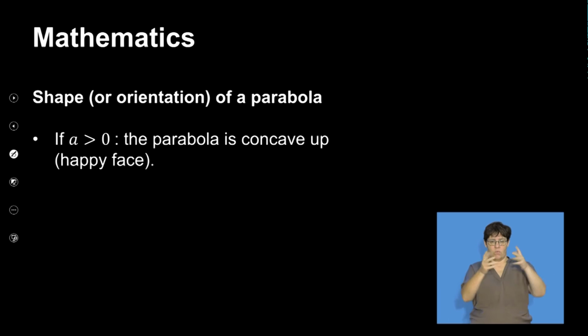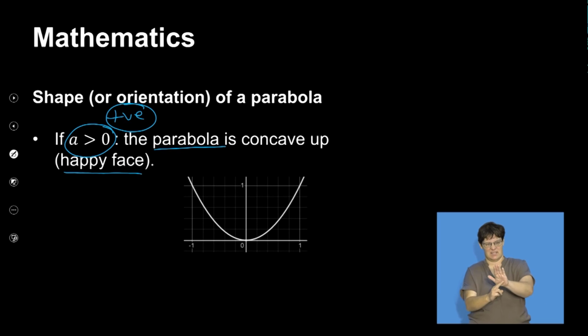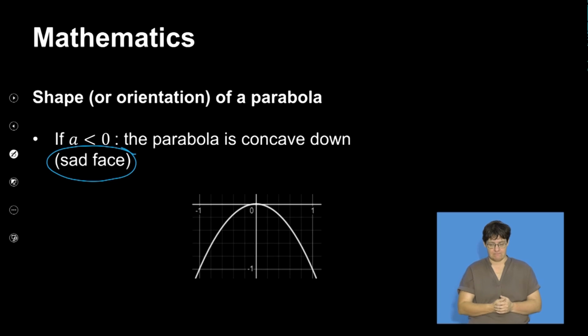In actuality, if my a is greater than 0, meaning it's positive, then the parabola will be concave up, which we represent with a happy face, because it looks like a smile. And when a is less than 0, the parabola will be concave down, which means it's a sad face. So just so that you can remember what it looks like.